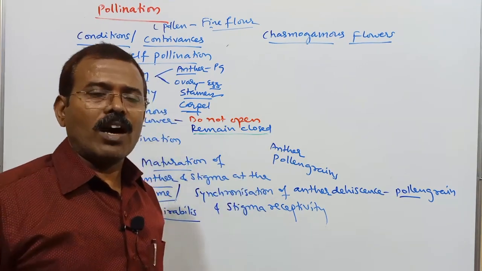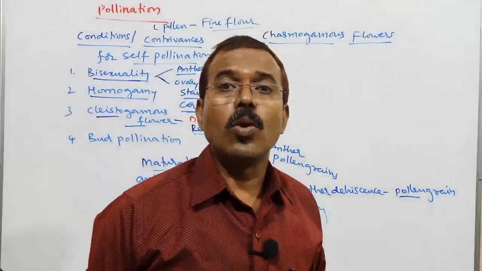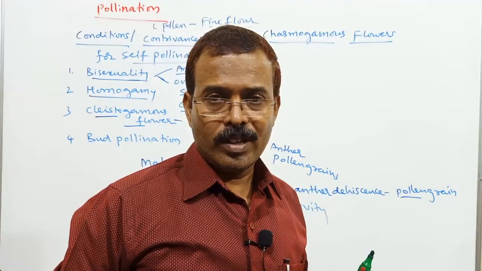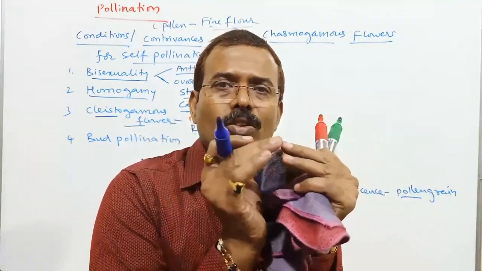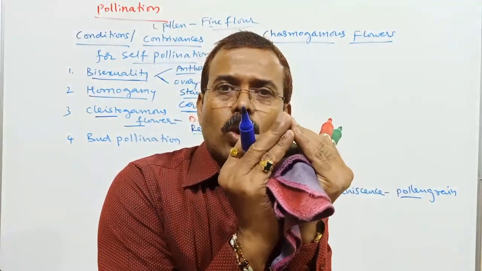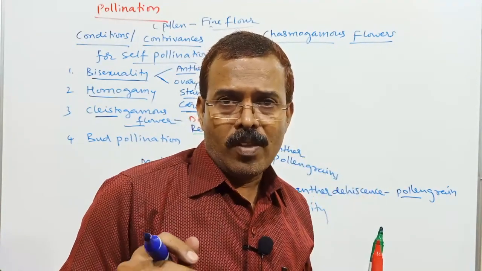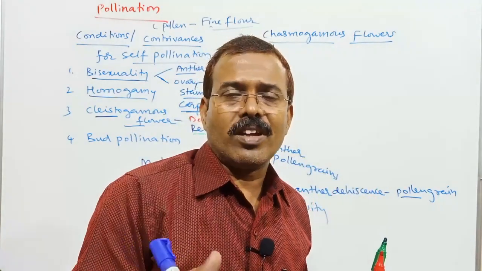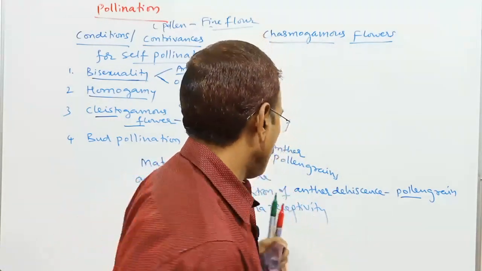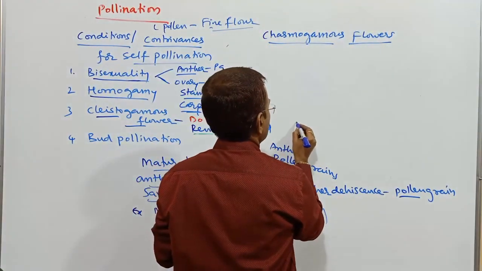Such kind of flowers are called clistogamous flowers. See, when the flower is closed, within the bisexual flower, remember, the flowers which are self-pollinating.